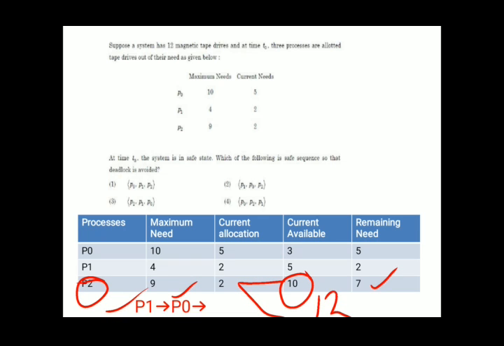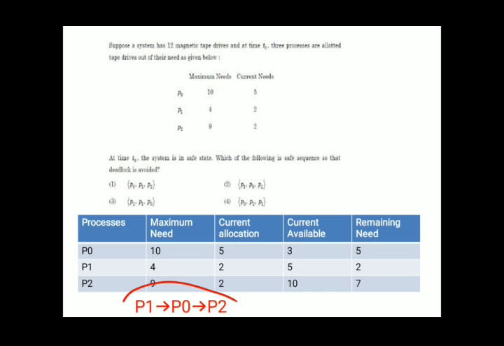So the sequence is P1, P0 and P2, and after execution we get 12 resources back. In the question the resources were already given as 12, with 12 magnetic tape drives, and the safe sequence is P1, P0 and P2.